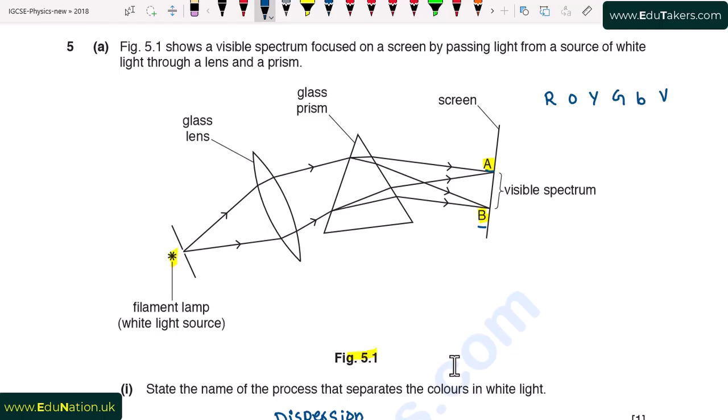So of these colors, red has the longer wavelength, while violet has the shortest wavelength.